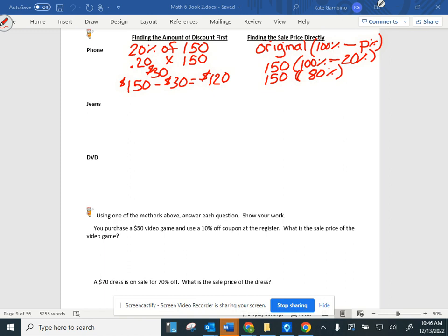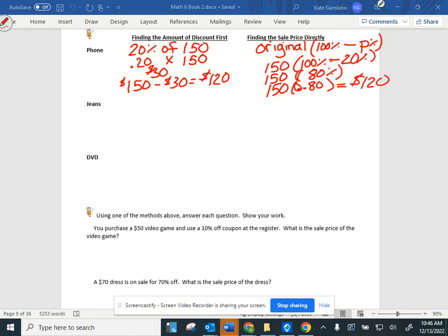And what is 80%? What would we put into our calculator? 0.8. Yep, 0.80. So 150 times 0.80. What is 150 times 0.8? James. 120.